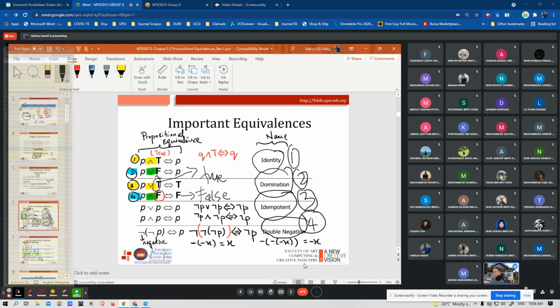Okay, please get into the notes. Then for idempotent laws, we have or: if the first thing in the or expression is false, the value of the expression will be true if x is true or false if x is false.